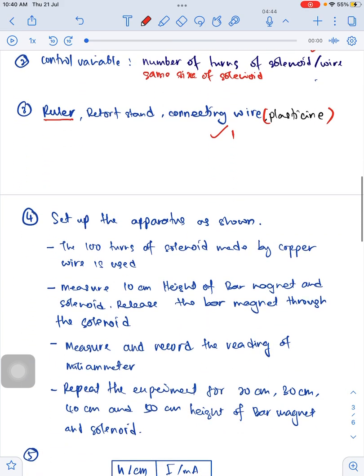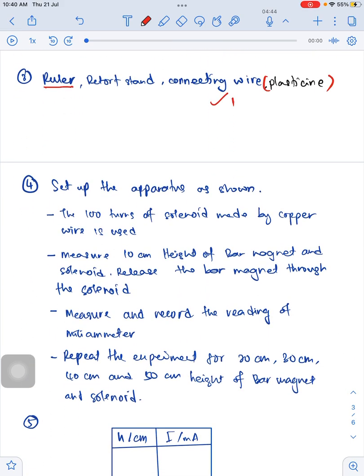And then next, explain briefly how you would carry out the investigation. We have 4 things that I always state to you: how we set up the control variable, how we set up the manipulated variable, and the responding variable. Alright, so the first one is to set up the apparatus as shown. The 100-turn solenoid made of copper wire is used.